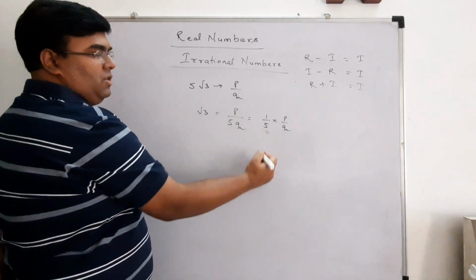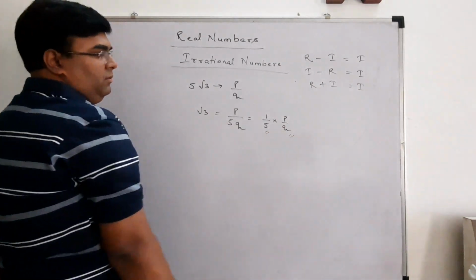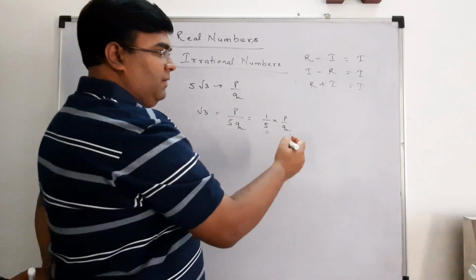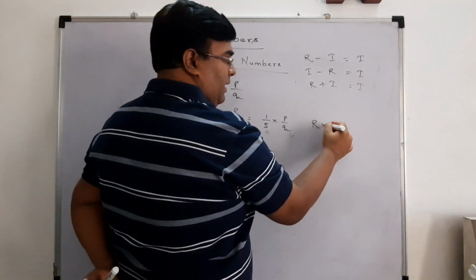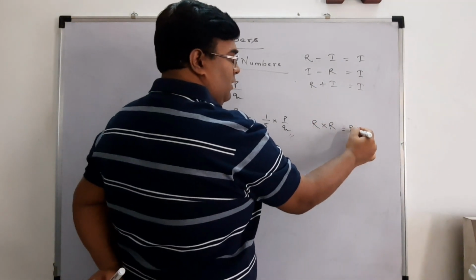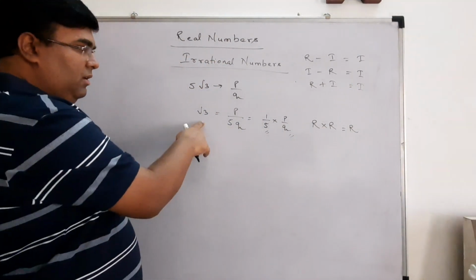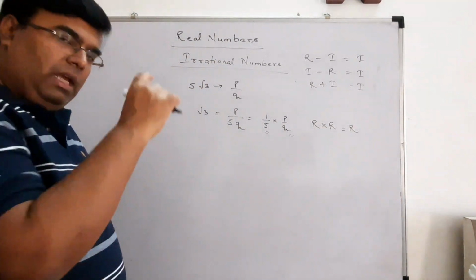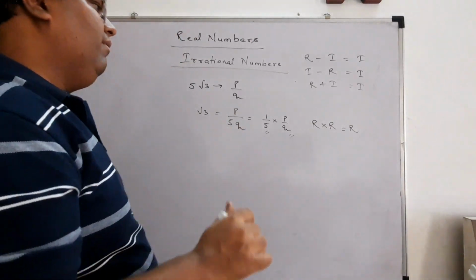This is my rational. This is also rational. Rational multiplied by rational will always give you rational, but we know that root 3 is irrational. Same statements you can write everywhere.